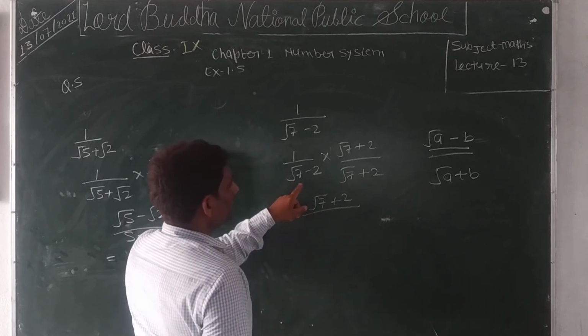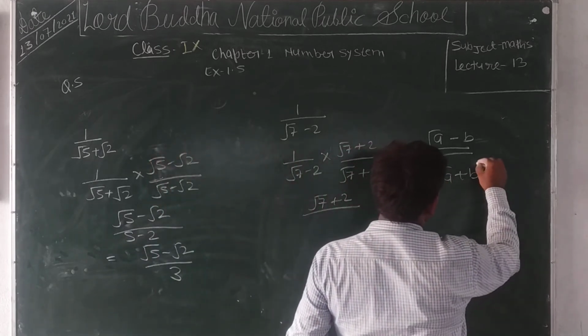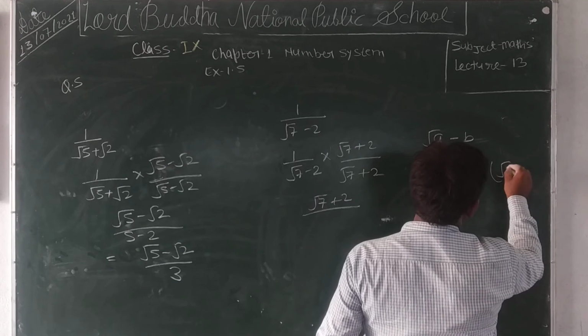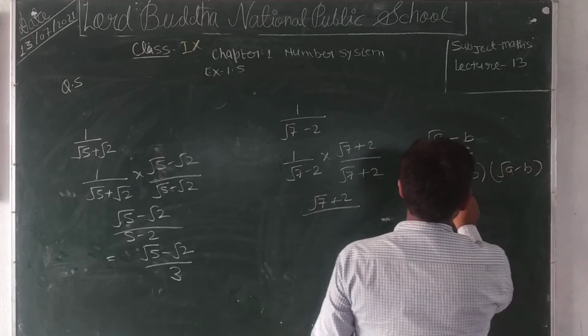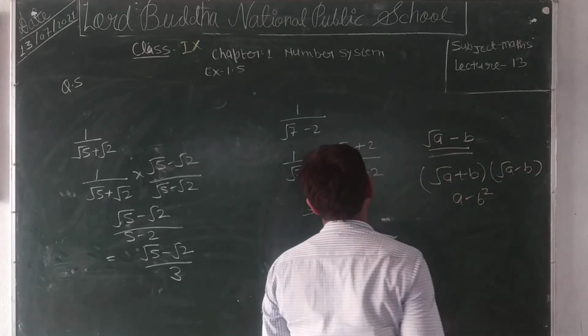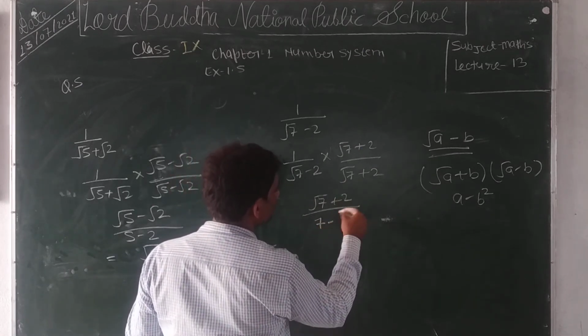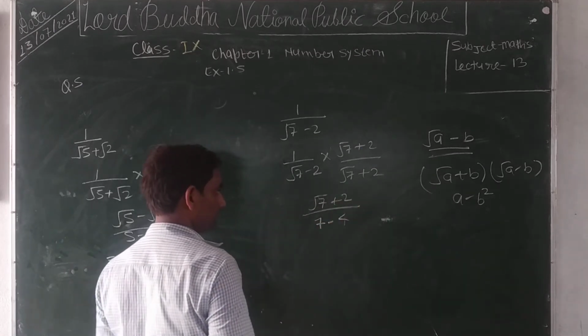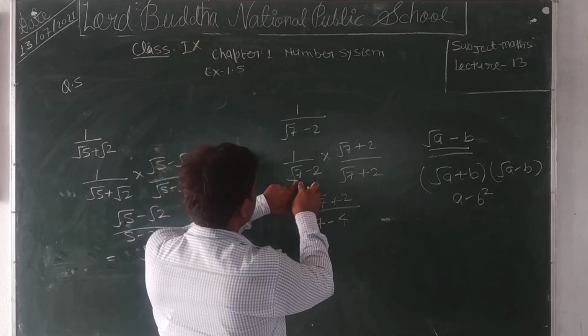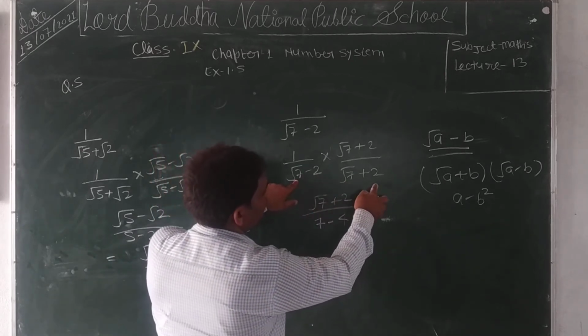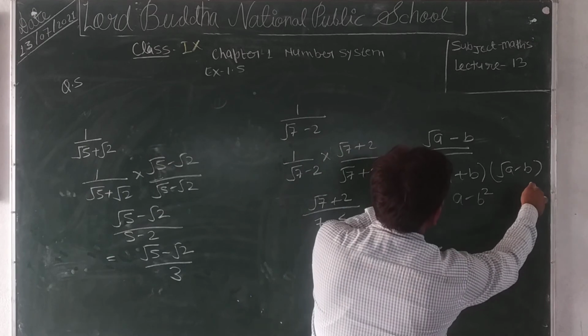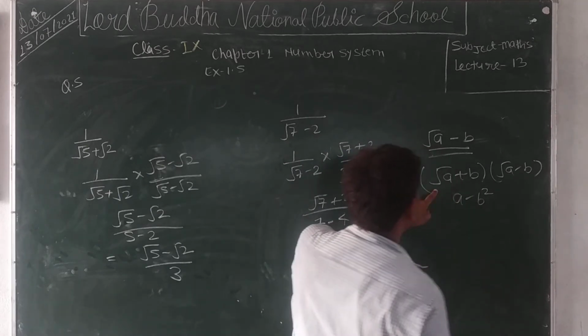Here it will be the product of root a plus b into root a minus b, which is a minus b square. Hence the value will be 7 minus 2 square, means 7 minus 4.